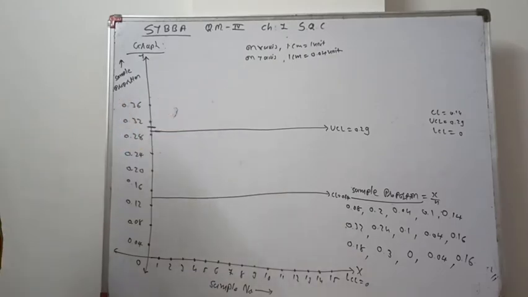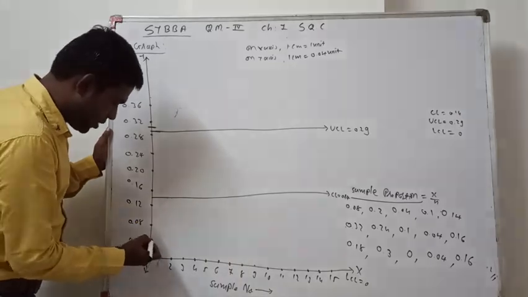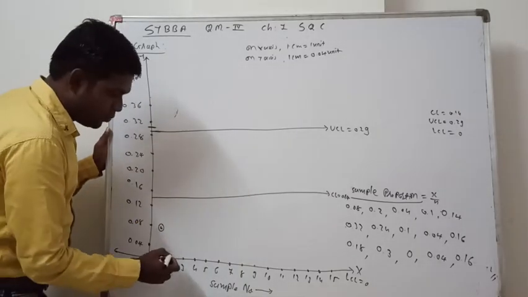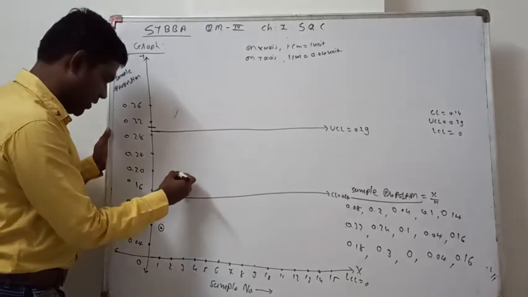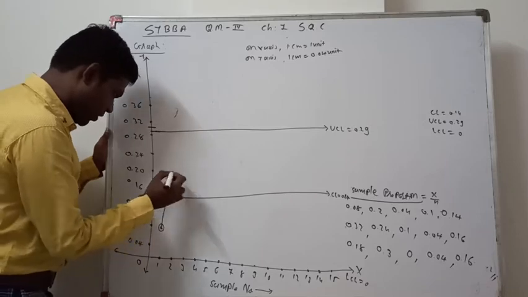Now one by one we put all these points. First sample proportion, that is 0.08. So number 1 is 0.08, number 2 is 0.2. One by one we join them also.